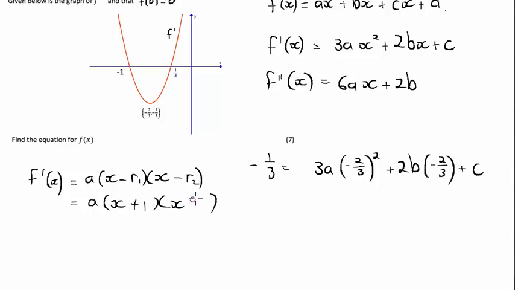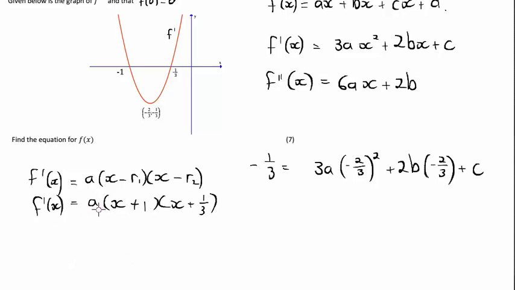Yes. X plus a third. Is it not minus there? No, there's a negative in front there. Oh, okay, sorry. So minus plus a third is equal to that. Okay.